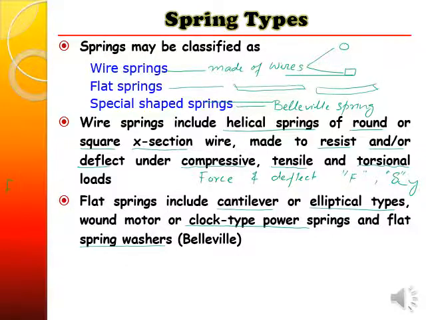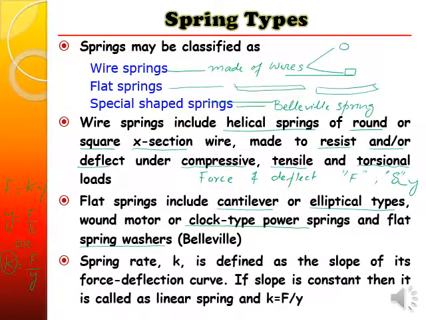And you know this from your physics that F is equal to Ky. So I can write that the deflection is equal to F over K, or K is equal to force over deflection.